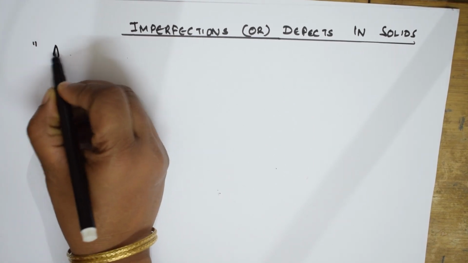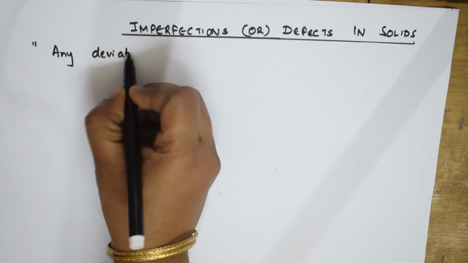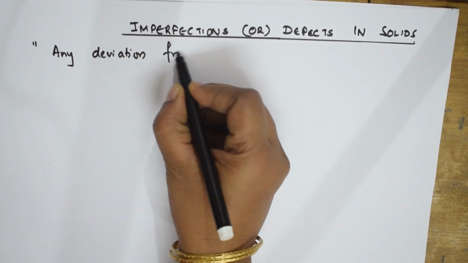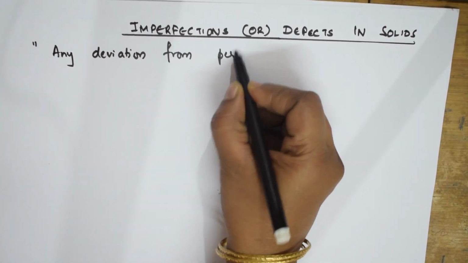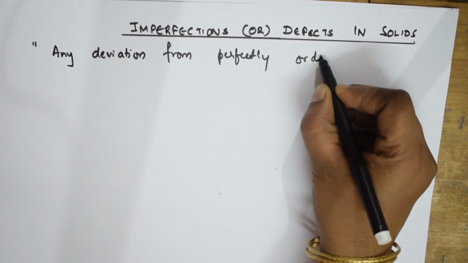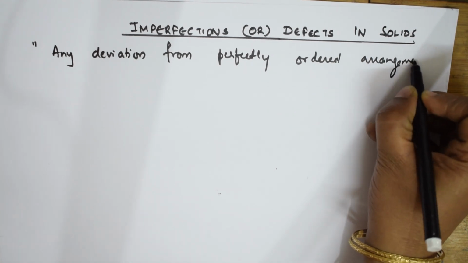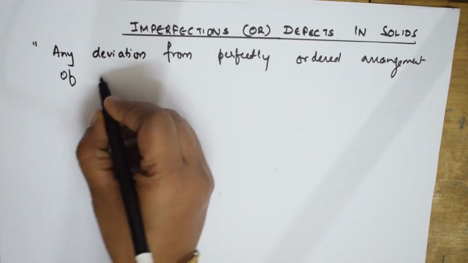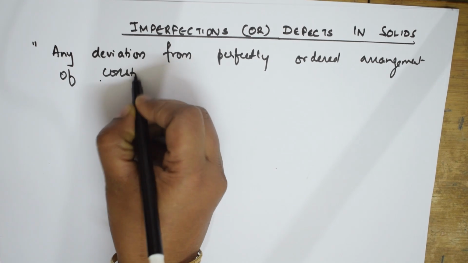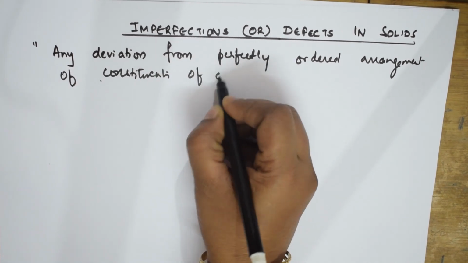Imperfection is any deviation from the perfectly ordered arrangement of constituents of a solid.